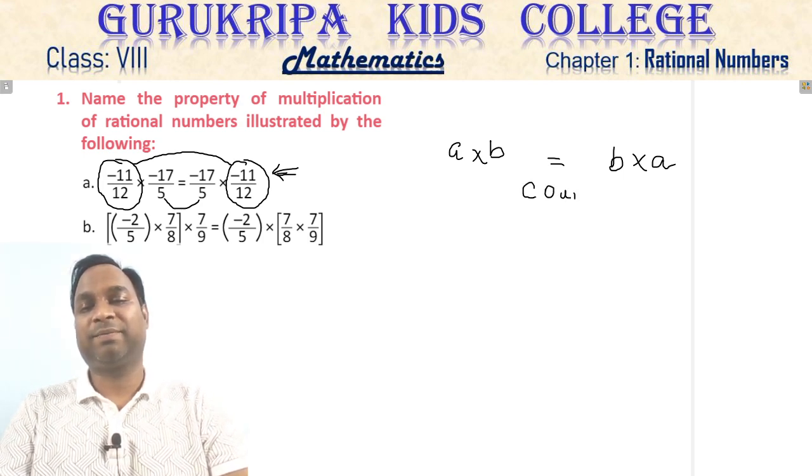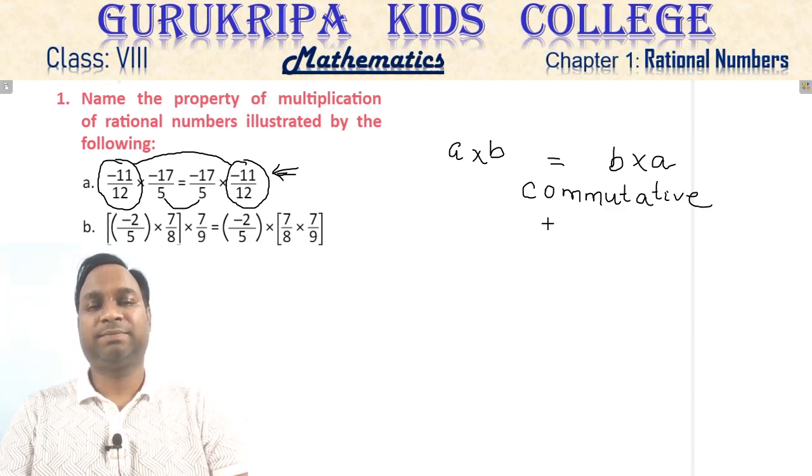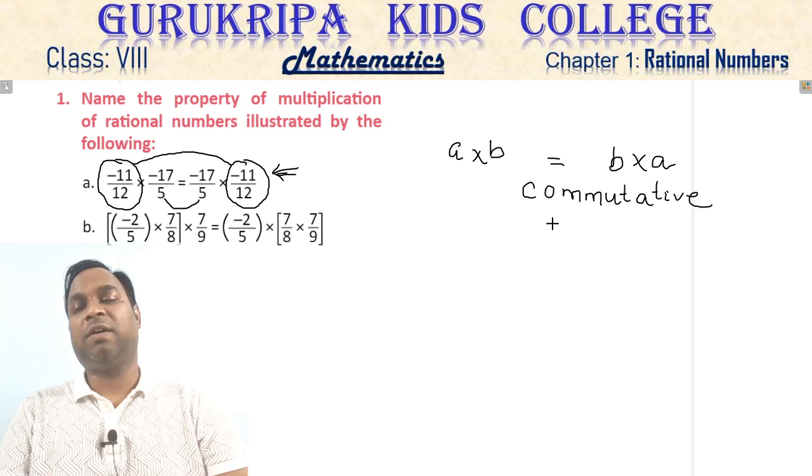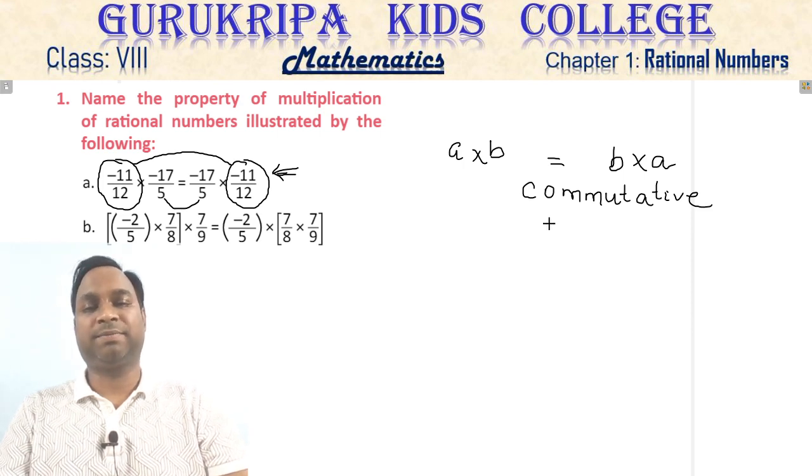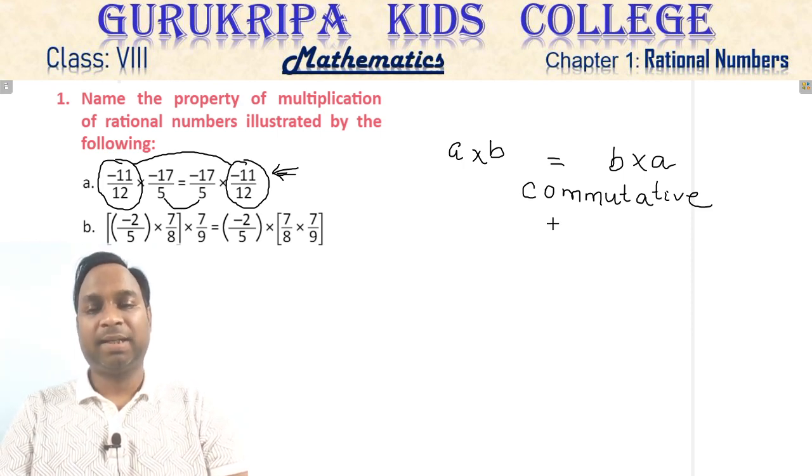Do you remember? So, spelling mistake. This was called commutative property of multiplication of rational numbers over multiplication.